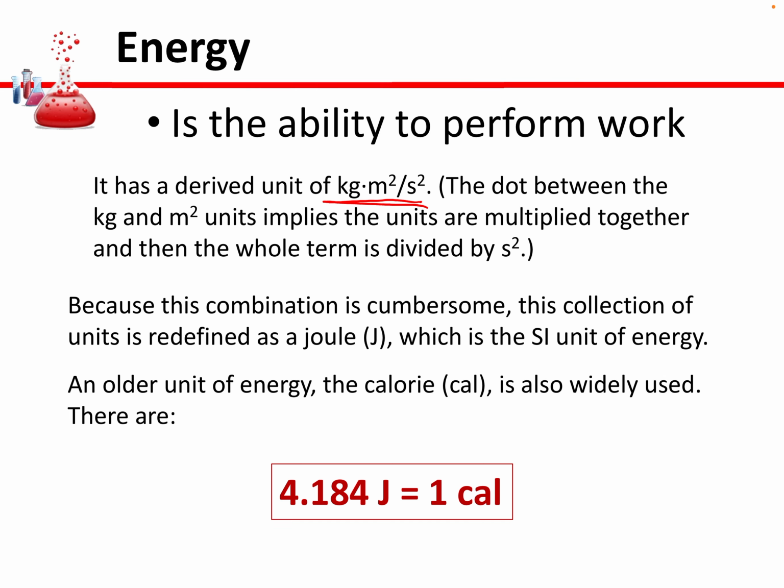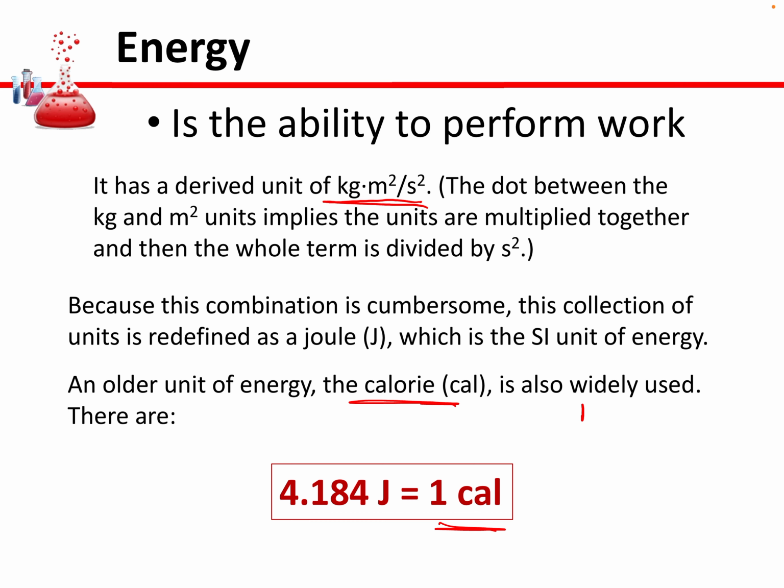That's the work you would have to put into that effort. So your measurement of work is the energy. Our older unit of energy, the calorie, is still widely used. This is not the calorie that you see on your food labels. That is actually the kilocalorie, but the food companies don't like to write kcal, so they just use the big C calorie on your food labels.